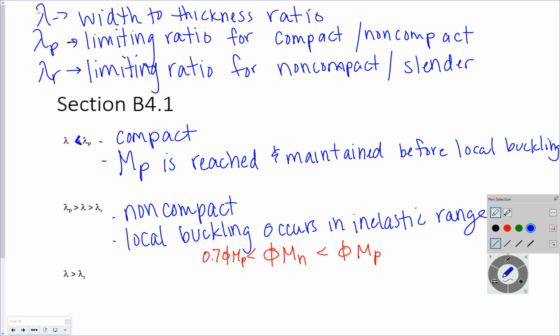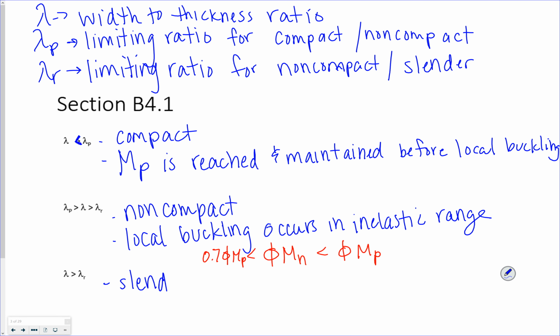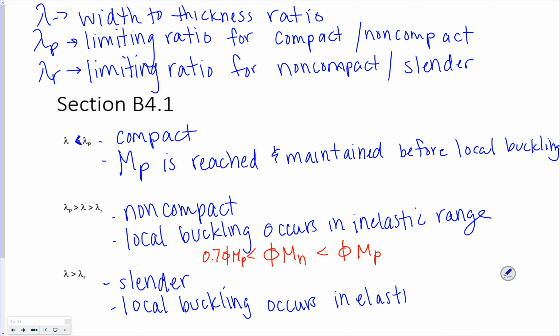So I defined compact and non-compact. Obviously my last thing is if my lambda is greater than lambda r, then I have a slender element. This one you might be able to figure out. Local buckling occurs in the elastic range.